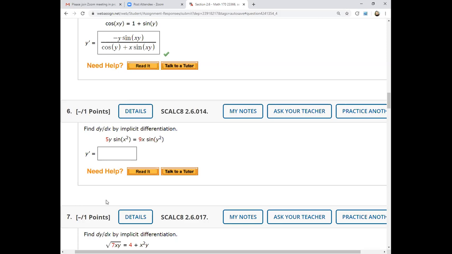Minus 9 sine y squared, cosine y squared times 2.